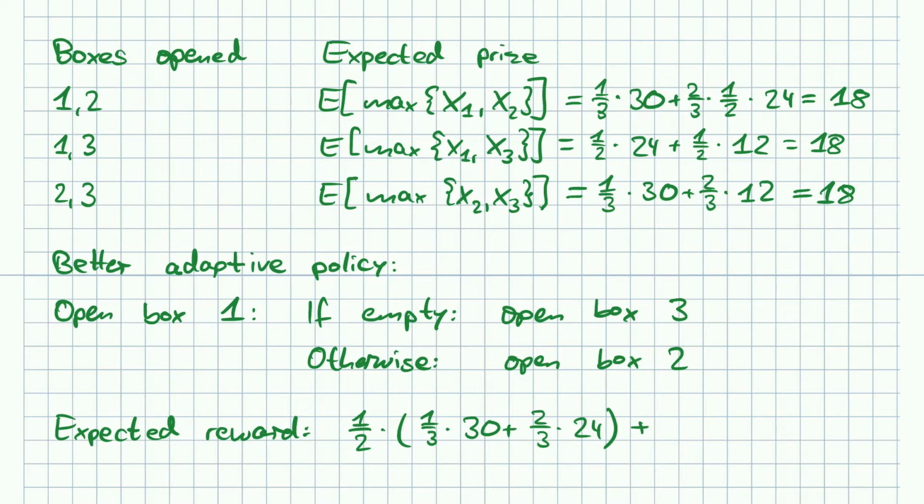Or with probability a half, the box was empty, and then we'll take home 12 for sure. And this is 19. So we see that we are actually better than any pair of boxes that we could open by being adaptive depending on what we found in the first box.